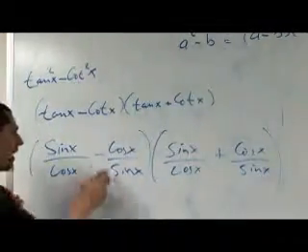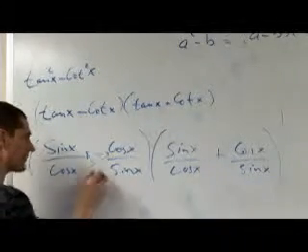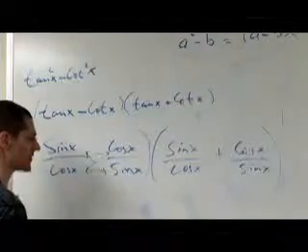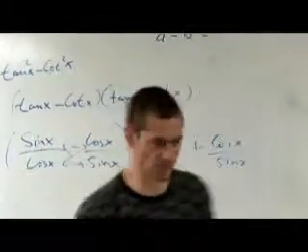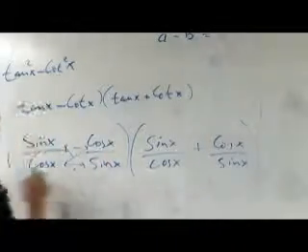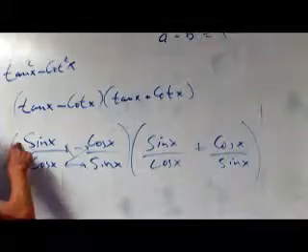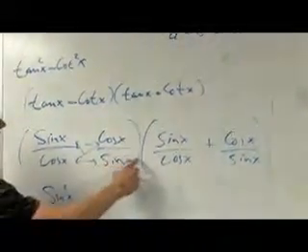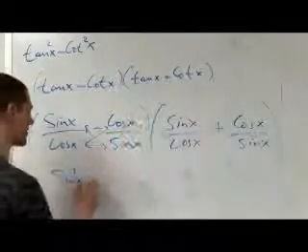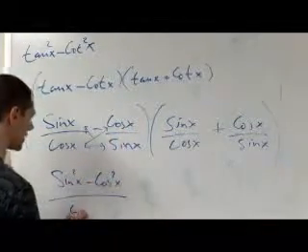I'm going to multiply across the tops like this, and then across the bottoms, and this is going to give us the common denominators we need, sorry. So I need the common denominator of sine times cosine, so this side sine on top, sine on bottom, this will be sine squared x. This side will be cosine, cosine, this will be minus cosine squared x over cosine x, sine x.